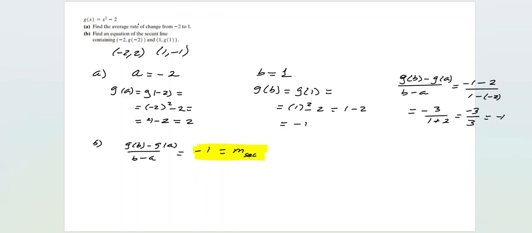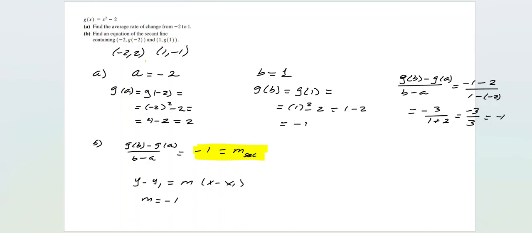So you want to find the equation of the secant line. You use the point slope form of the equation of the line. Remember the point slope form is y minus y sub 1 equals the slope times x minus x sub 1. You know that the slope is minus 1, and then you can take either of the points, minus 2 comma 2 or 1 comma minus 1.